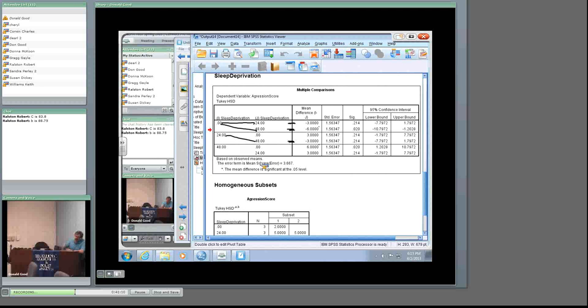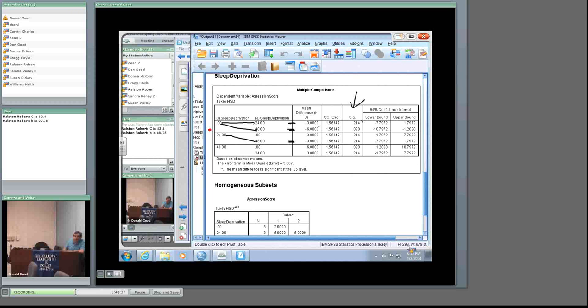So, look at this column. Looking at that first line, I get a -3 here because the mean for 0 minus the mean for 24 is -3. That's the mean difference. Is that difference of 3 a significant difference? Well, look at my significance levels.